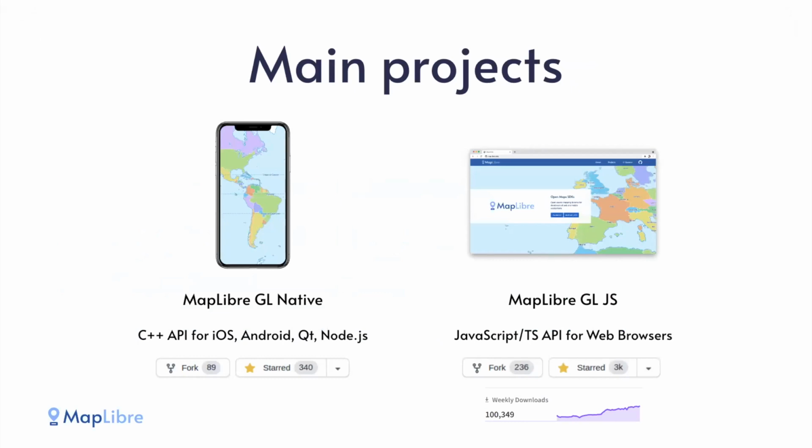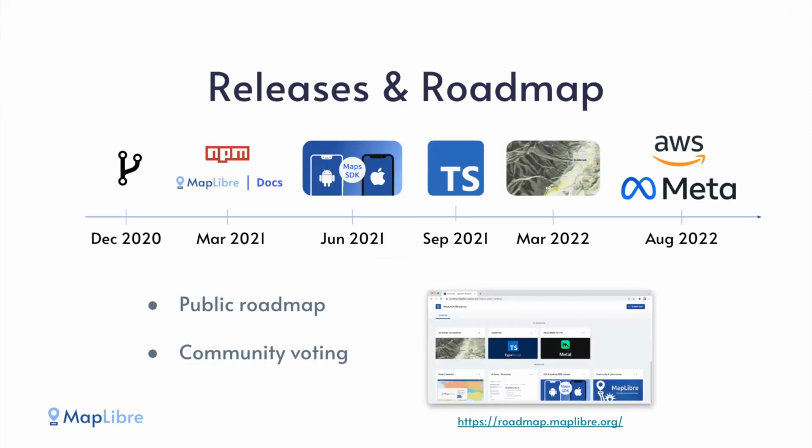There are two main projects: the native one for iOS, Android, Node, Qt, and C++ rendering, and the JS one, which is for web browsers. It has been an amazing ride because the project was founded directly after Mapbox announced the change of the license. Soon after, there were first releases. We migrated the iOS and Android SDKs on the native side about half a year later.